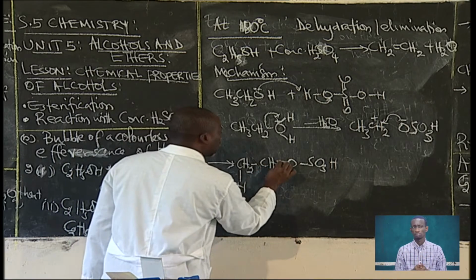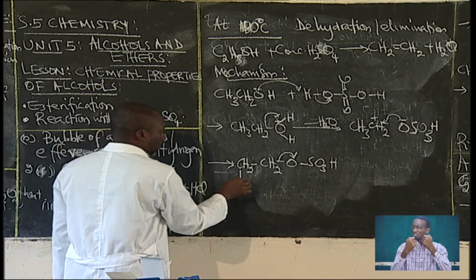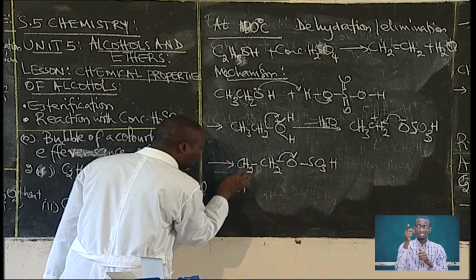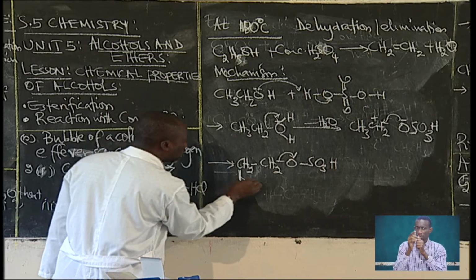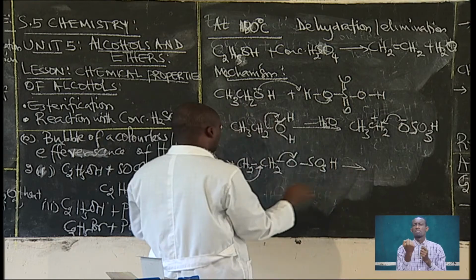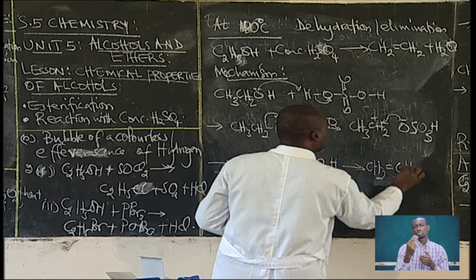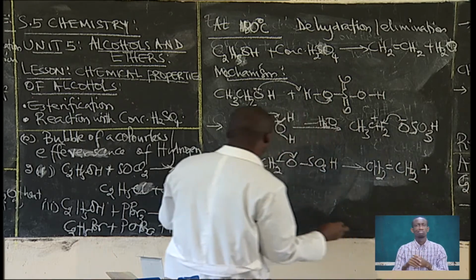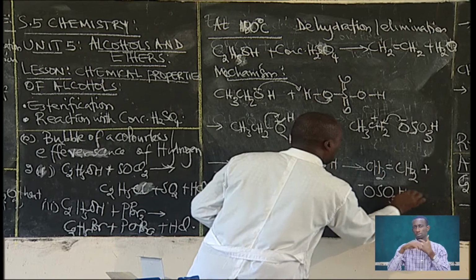When this bond is breaking, the hydrogen attached on this, remember there were 3, rearranges itself to form the double bond. So eventually you'll have CH2=CH2 plus negative SO3H.